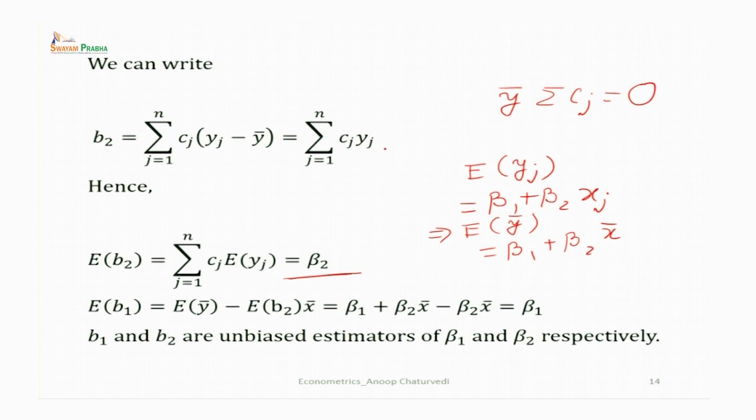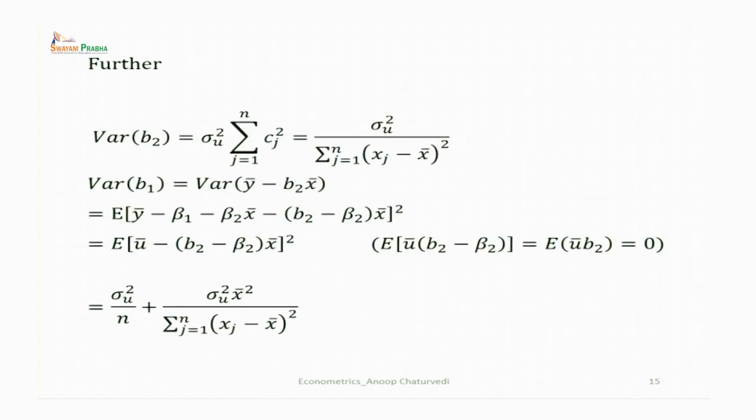Actually, variance of y j is same as the variance of u j. So, variance of B2 is summation over j C j square, variance of y j which is sigma square u, and then summation C j square is equal to 1 upon summation x j minus x bar square.